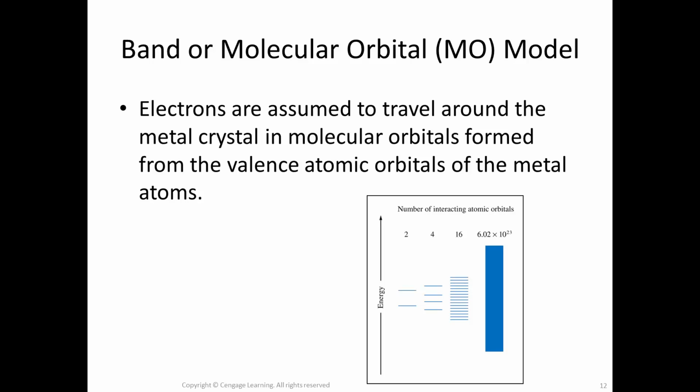But when we combine a large number of atomic orbitals, say a mole, then that spacing between energy levels becomes so small that it appears that we have a continuous array of energy levels in our molecular orbital model.